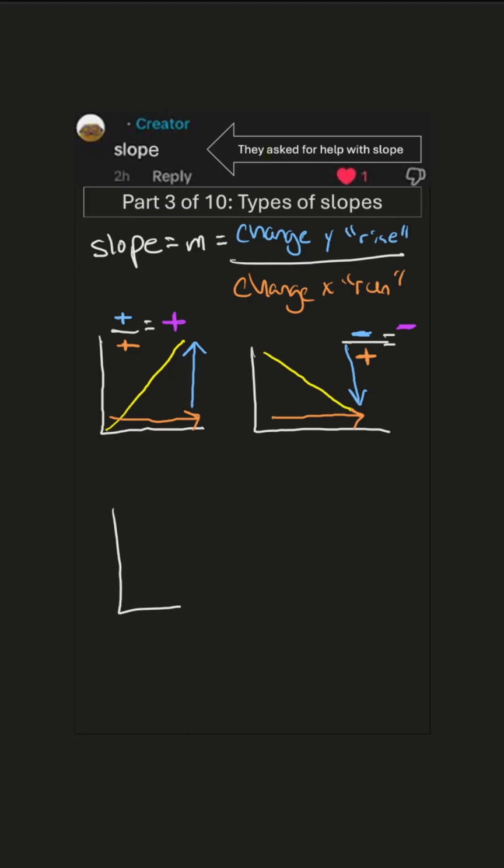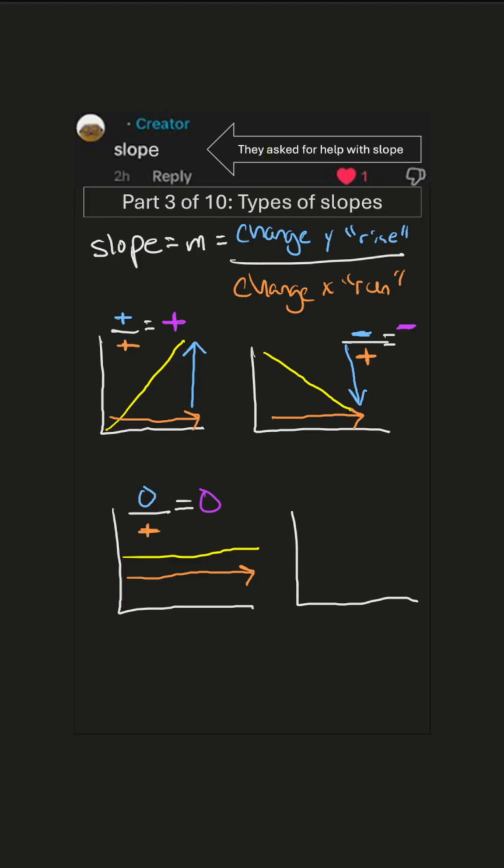Now how about this one here? This one's like that. So as the run increases, the rise doesn't do anything. There's no rise. So 0 rise divided by positive run equals 0. So that slope is 0.